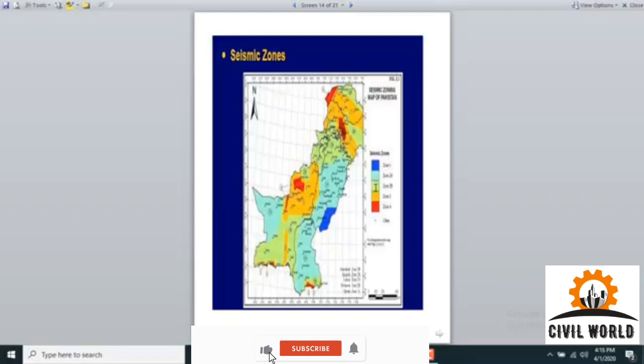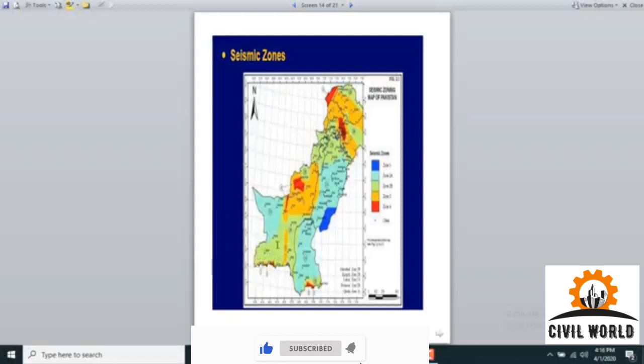The moderate seismic zone has been further divided into 2 zones, zone 2A and zone 2B. So 2B is also called moderate seismic zone, but in this case the seismic coefficient is a bit higher than the seismic coefficient for zone 2A. This green shade represents most of the area of KPK province of our country, which lies in seismic zone 2B. So it is also lying in the moderate seismic zone.